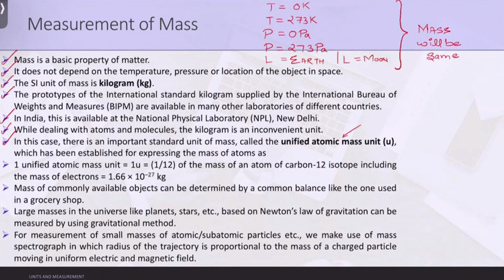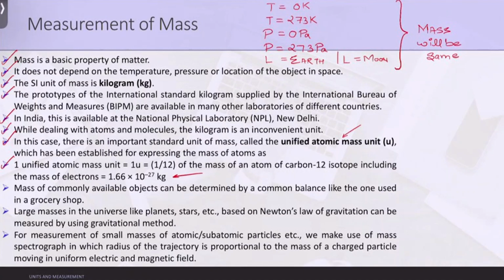So in this case, there's an important standard unit of mass called the Unified Atomic Mass Unit, also denoted by small u, which has been established for expressing the mass of atoms. How do we specify it? One unified atomic mass unit, 1 u, is equal to 1/12 of the mass of an atom of carbon-12 isotope, including the mass of electrons, which is equal to 1.66 × 10^-27 kg.